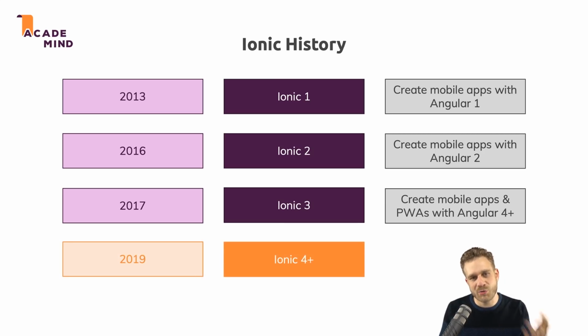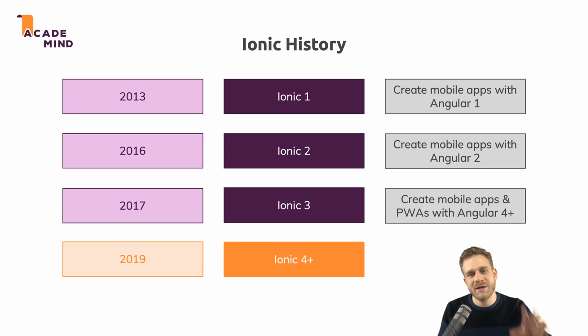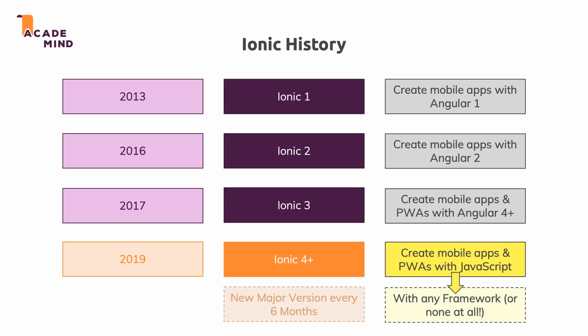Ionic 4, which was released in 2019, embraced web components, and all the Ionic components are now just web components. That means they don't depend on Angular at all. You can use Ionic 4 and higher versions of Ionic with any framework or no framework at all. You're not tied to Angular. You can use it with Angular, and there still is a strong built-in support, but you can also use it with React, Vue, or just dump it into a vanilla JavaScript project.